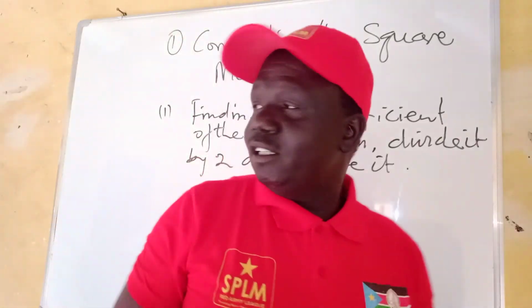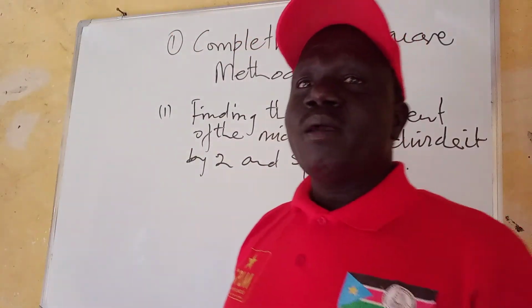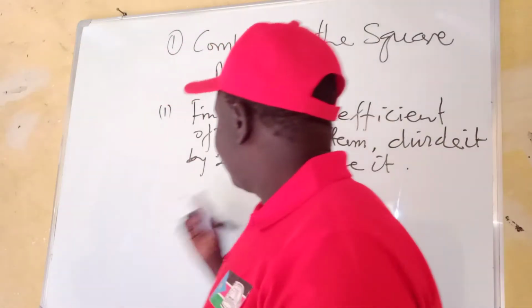That is finding the coefficient of the middle term divided by 2 and squaring it. This is what we have done.